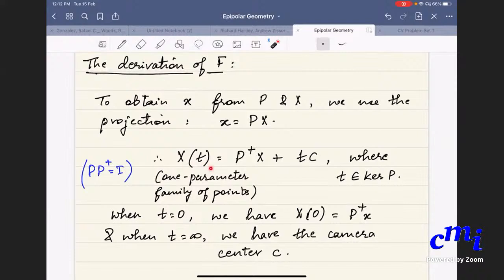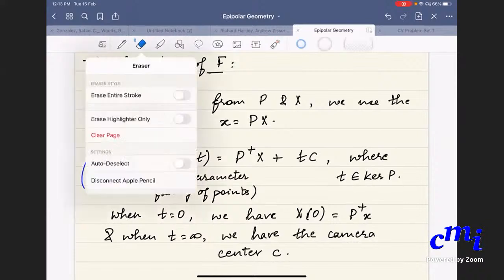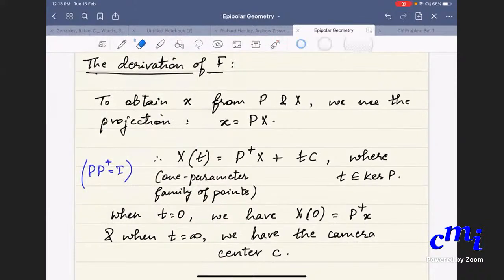You will get a one parameter family of points, X(t) equal to P plus x plus tC. So a linear combination of the pseudo inverse applied to small x, plus tC.